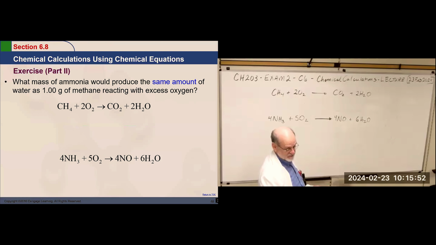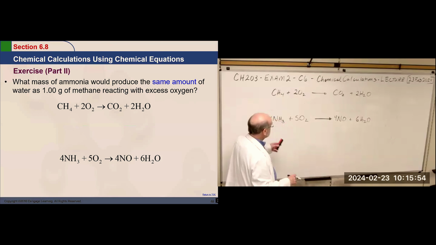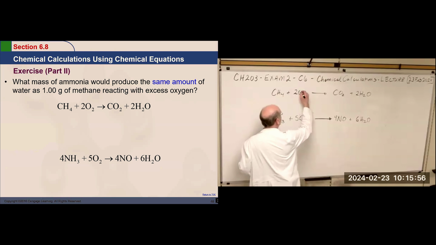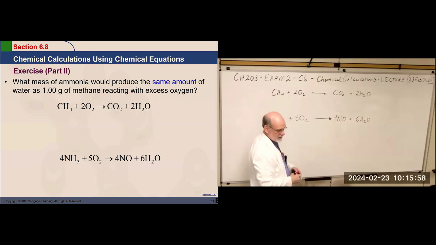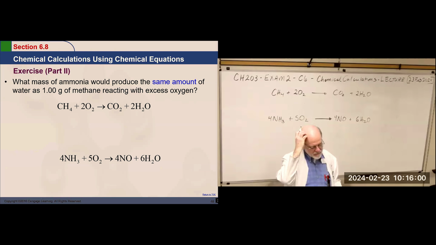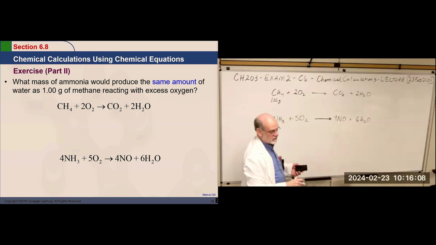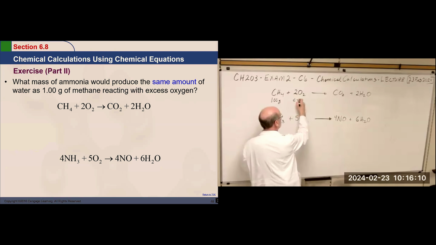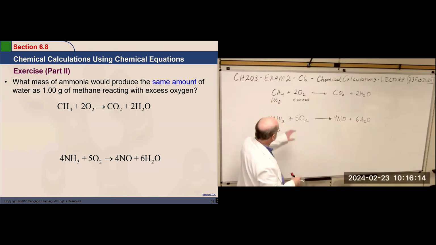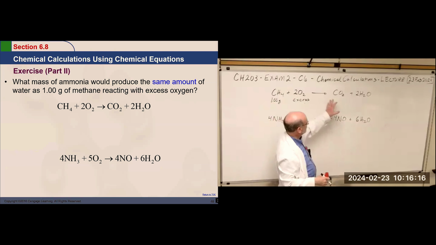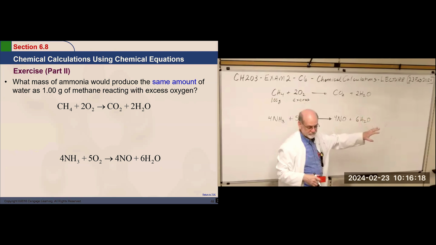Okay. Next, what we want to do is say, if we burn 1 gram of methane in excess oxygen, there's plenty of oxygen. It will never run out. So all of this methane is going to be consumed and produce carbon dioxide and water.